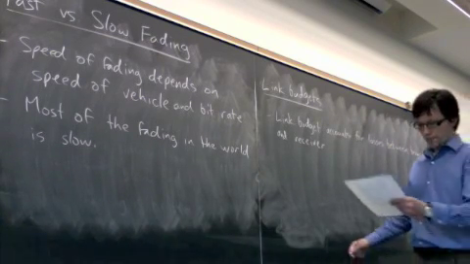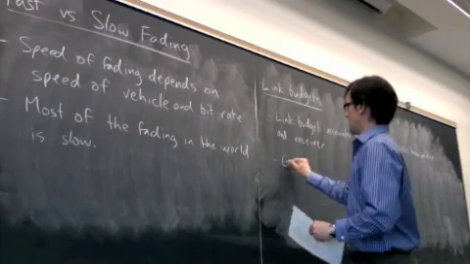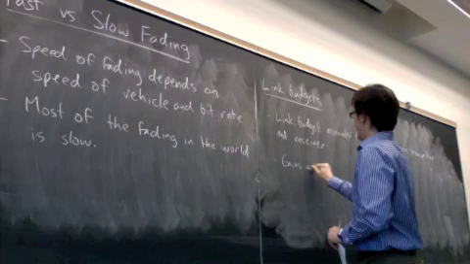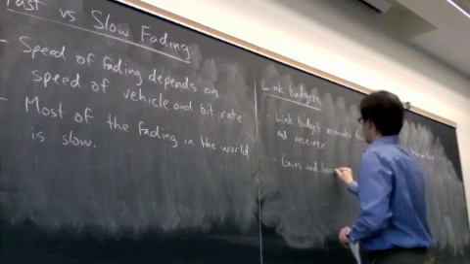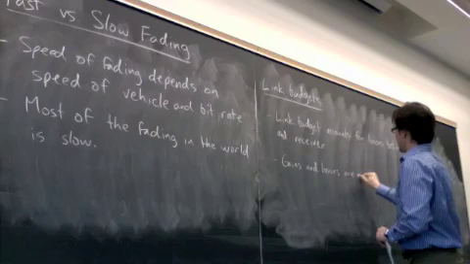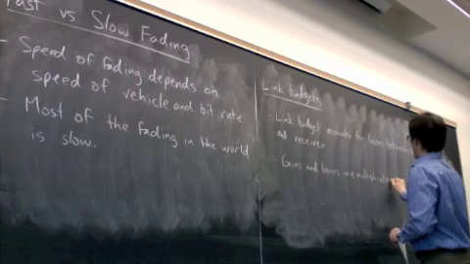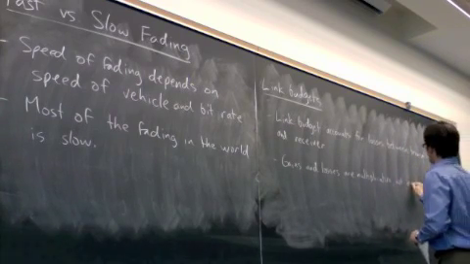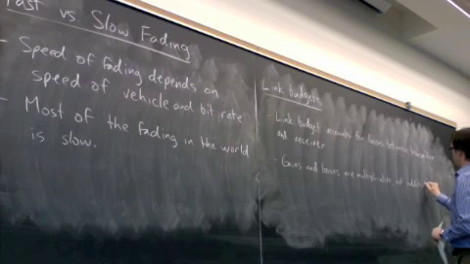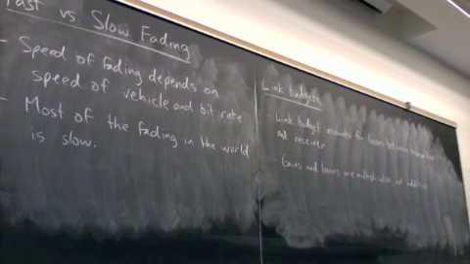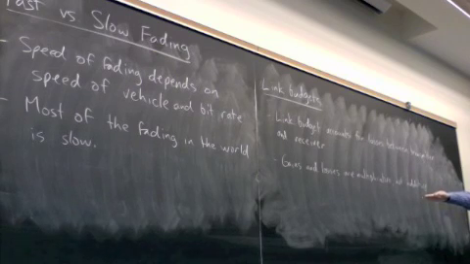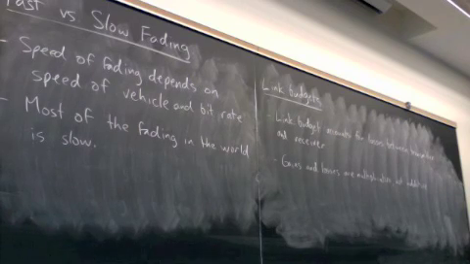So gains and losses are multiplicative, not additive. Can anyone think of a way that we can get from these multiplicative losses to something that's add and subtract? Take the log of it, there we go.